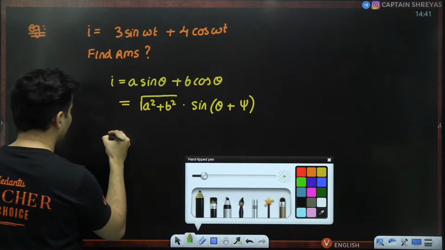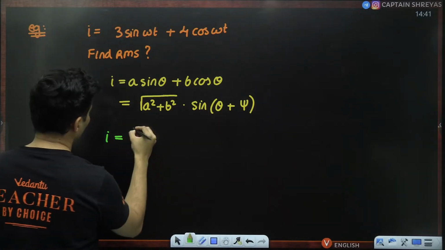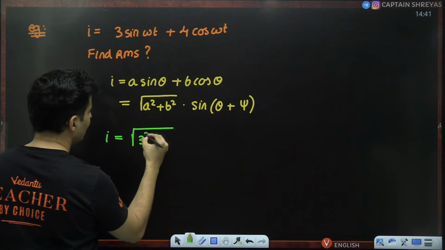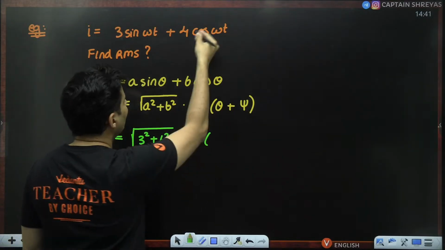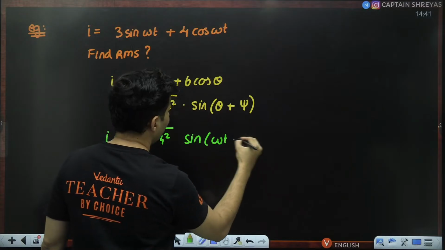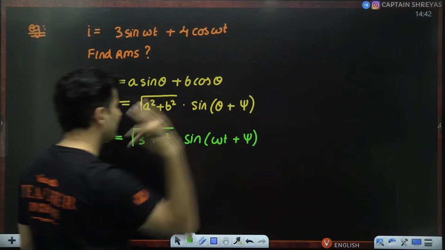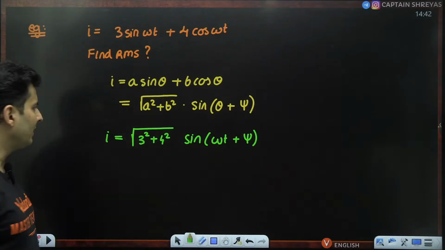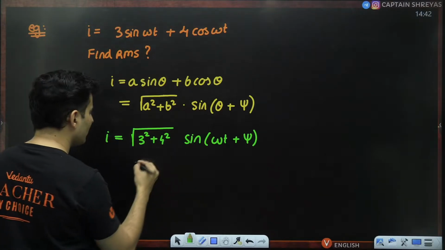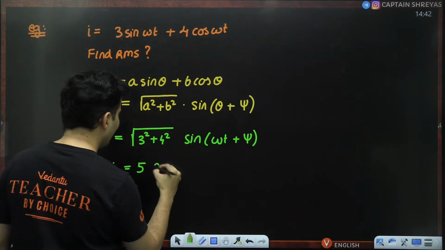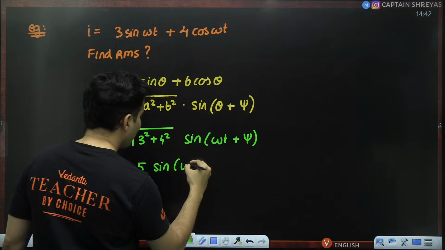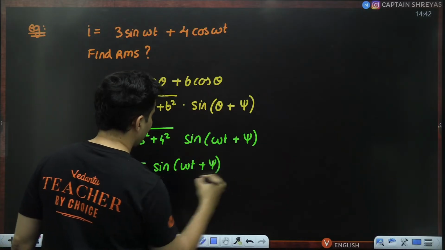So even this function can be written as root of 3 square plus 4 square, sine of omega t plus psi. It doesn't matter what that psi is. 3 square is 9, 4 square is 16, 9 plus 16 is 25, root of 25 is 5. So current is basically 5 sine omega t plus something.